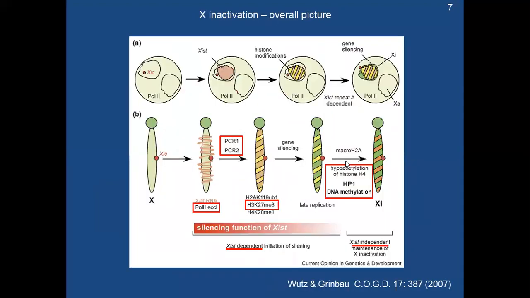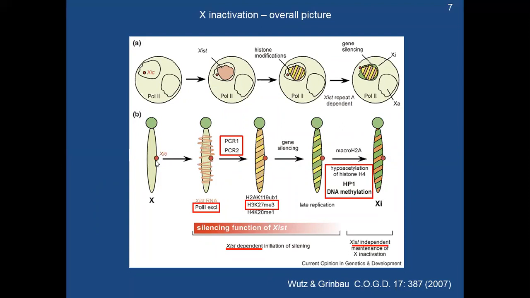So we said X chromosome inactivation is both the initial silencing of an active chromosome as well as the maintenance. The reason why we said those things is because they differ in the mechanism. So you all know that X chromosome inactivation is related to a large RNA transcript, which is called Xist. This Xist is transcribed from the X inactivation center, which is a region in the X chromosome.